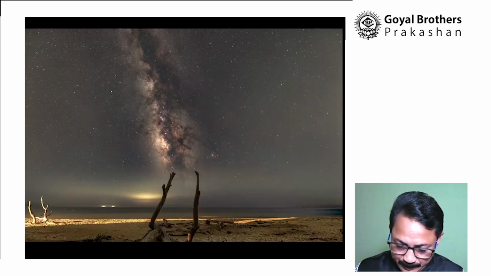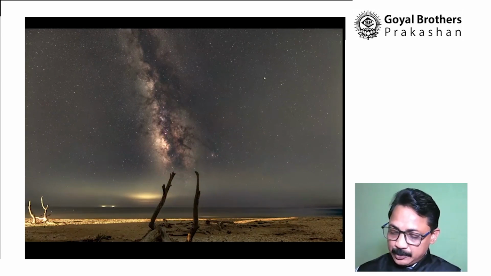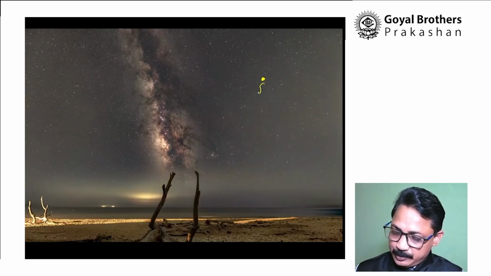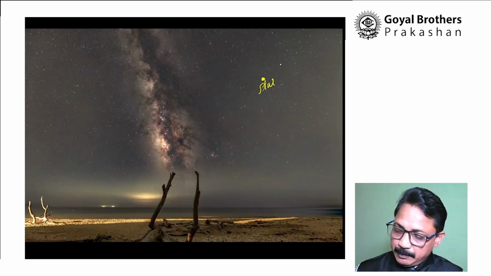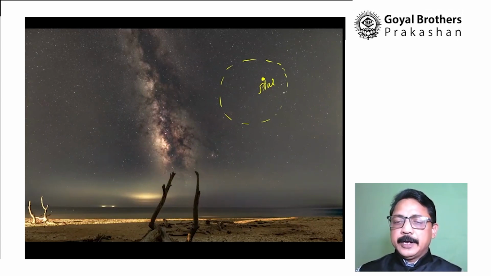Anyway, our topic is Earth as a planet. So what exactly is a planet? The simplest definition of a planet is that it is an object. Now suppose this is a star. A planet is an object which is revolving around a star. However, every object that revolves around a star is not a planet, dear student.